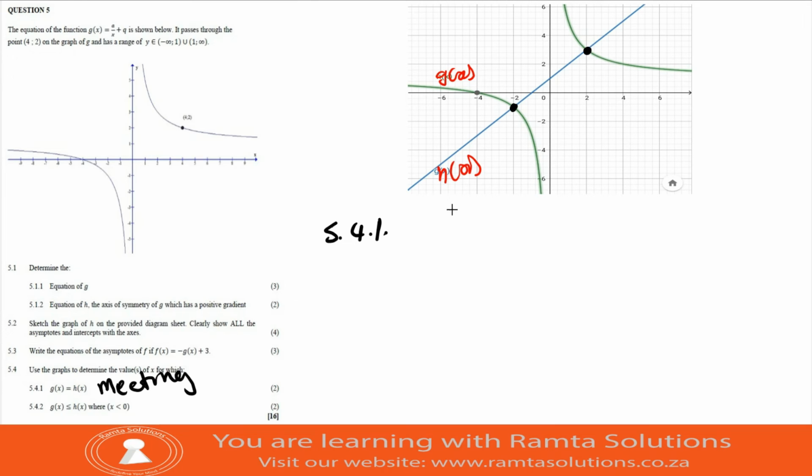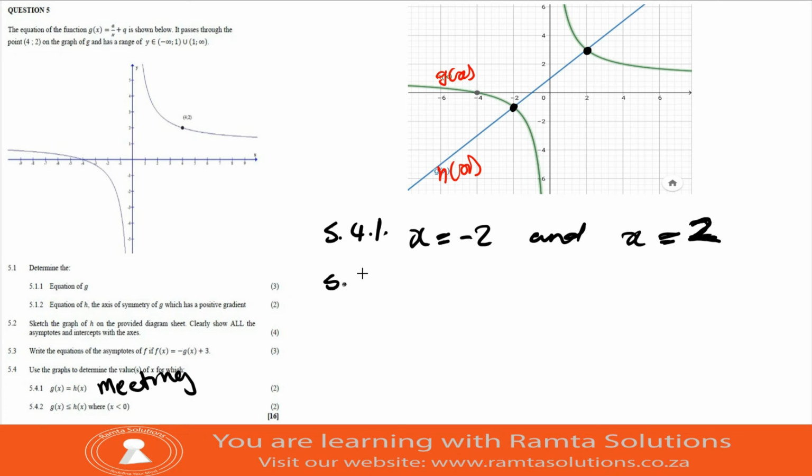What is the x value of this point? The x value of this point is minus 2. They say determine the values of x. So this is at x equals minus 2, and at x equals 2. Can you guys see that?